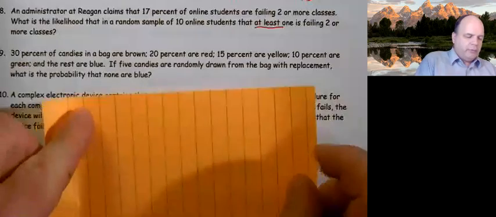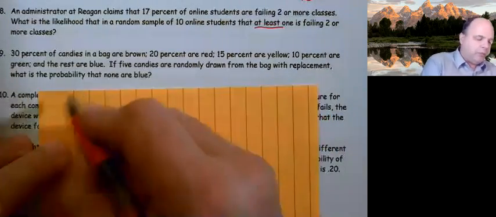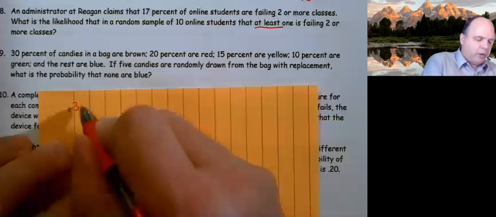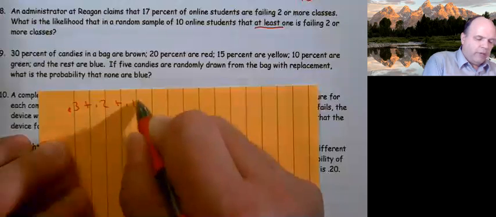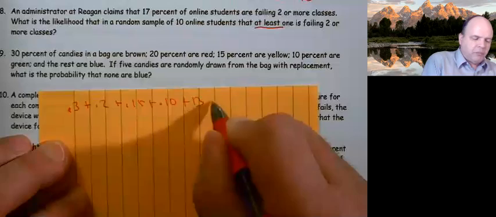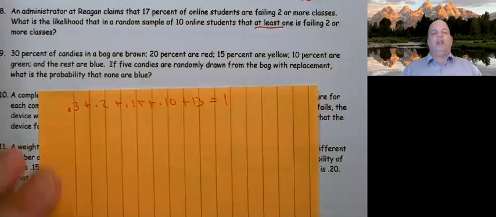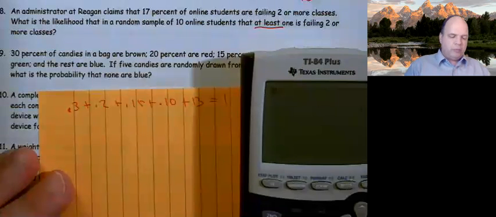Okay, so first off, when I went to design this problem and make sure I had it right, I went 0.30 plus 0.2 plus 0.15 plus 0.1 plus b. And I know that they all needed to sum up to 1 in order to be a valid probability distribution.